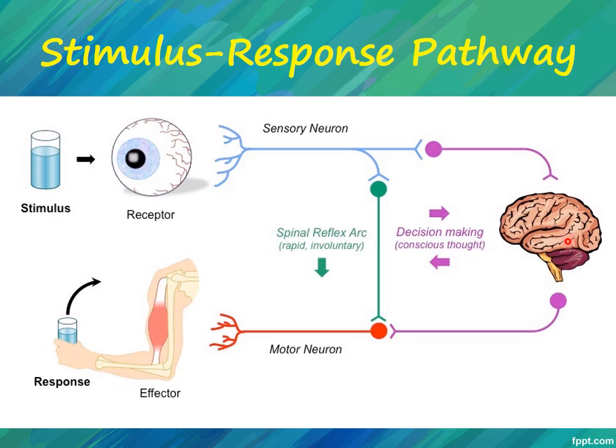When the response is selected, that is what the brain is going to do, then the signal is transmitted via neurons to the effectors. And finally, the effectors will start promoting a change in the organism. And here you can see the response is that he is going to have some water. So this is how the stimulus response pathway works.